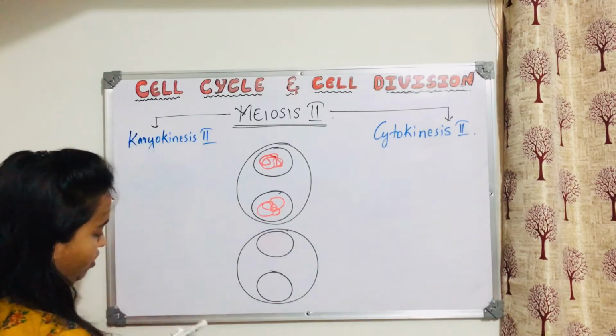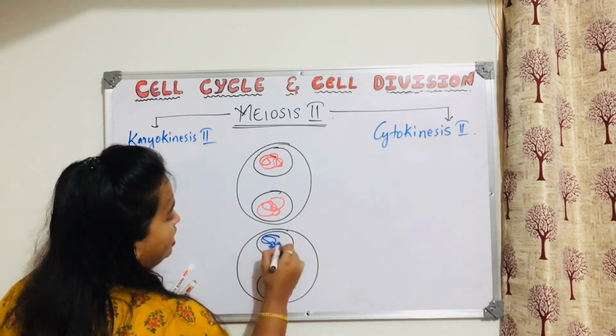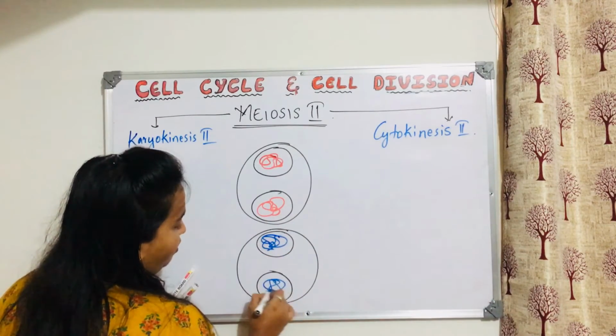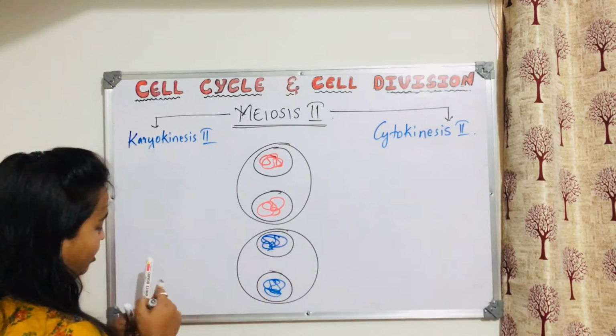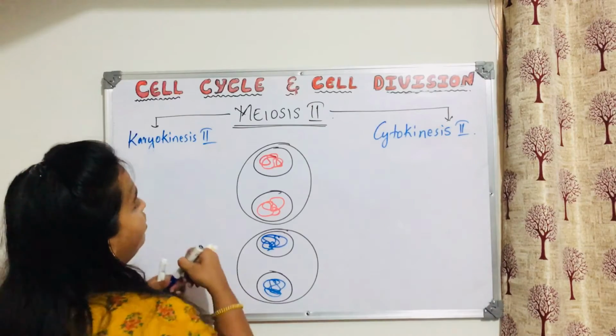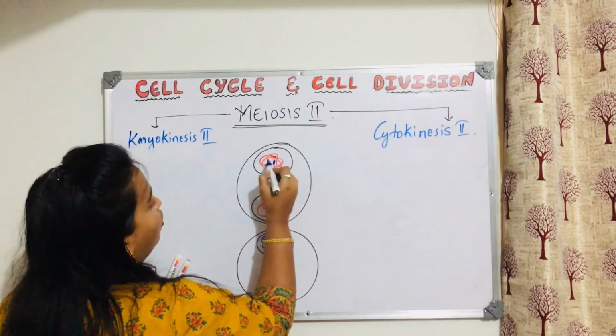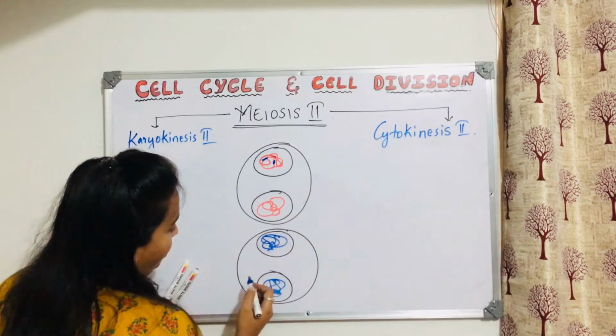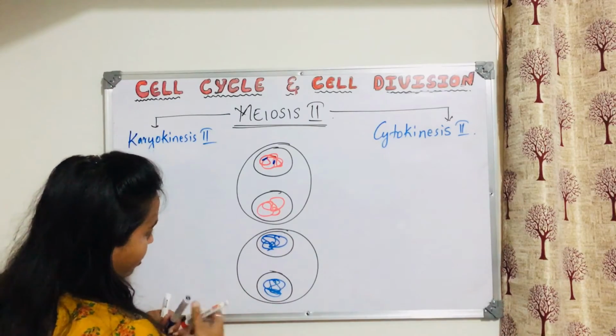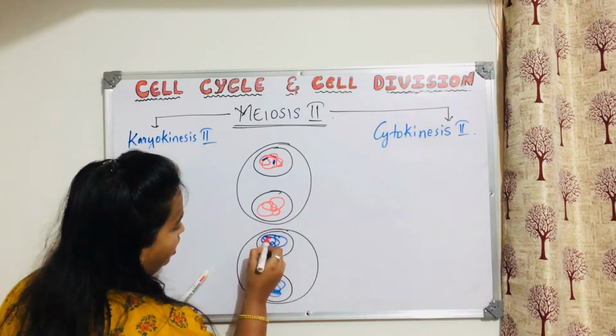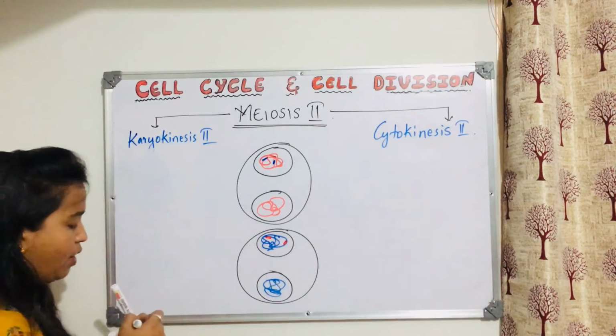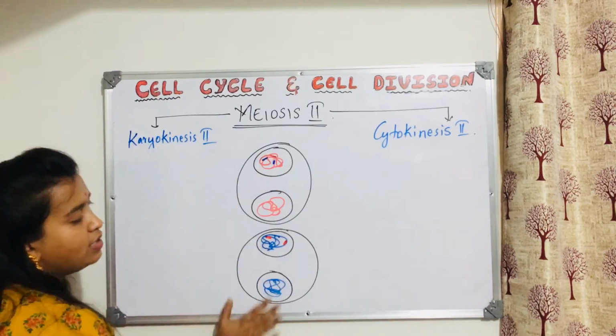We need to use a different color here. Which one had that change? I forgot that. We will show it somewhere here, somewhere here. Now what will happen? So this is telophase 2.